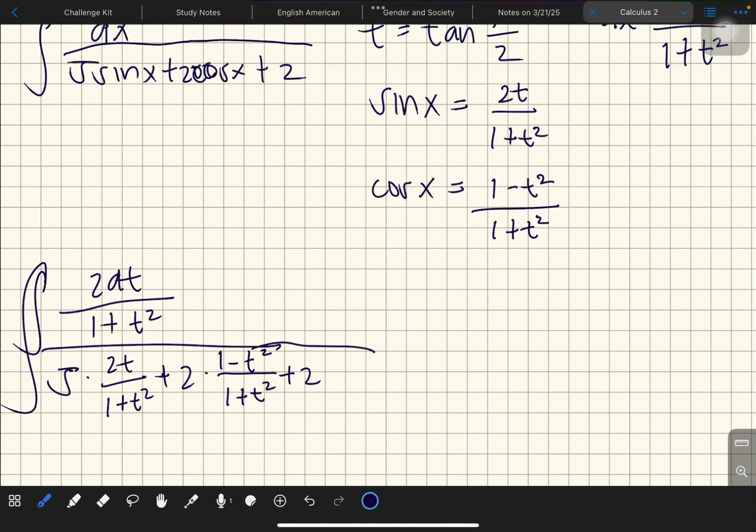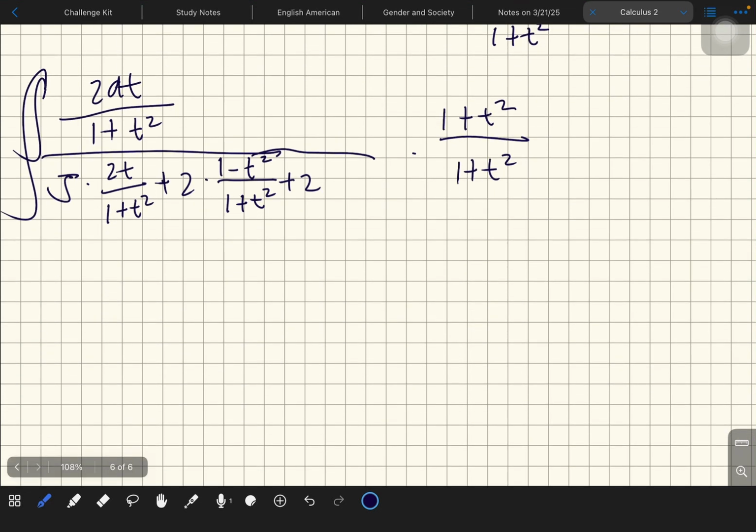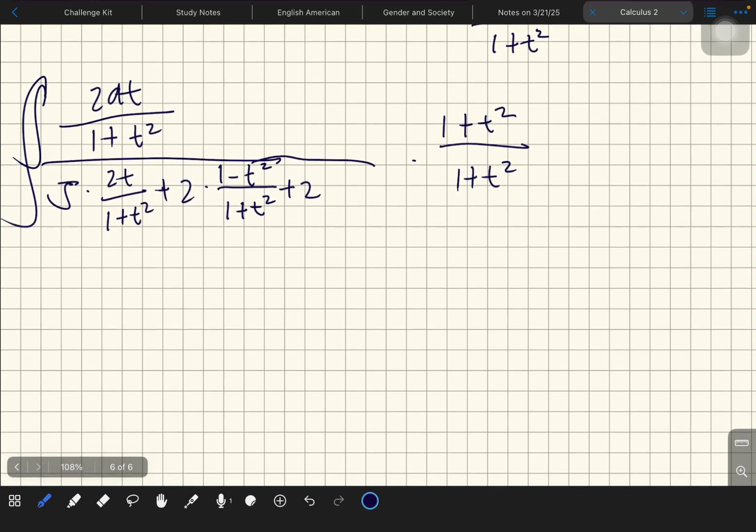Now, to get rid of that fraction, we need to multiply by 1 plus t squared over 1 plus t squared.